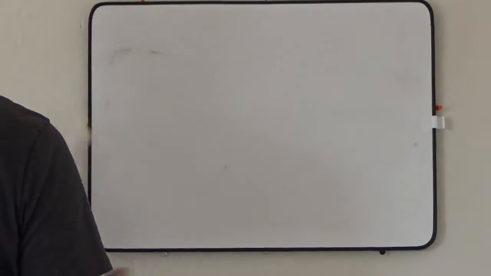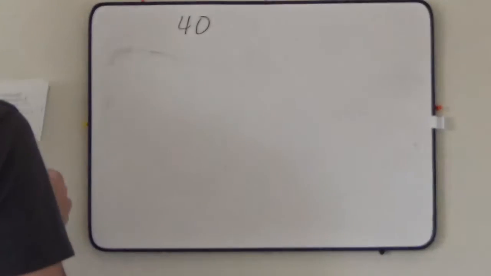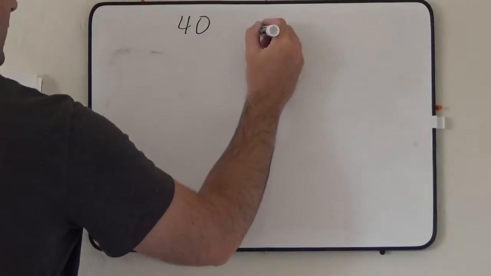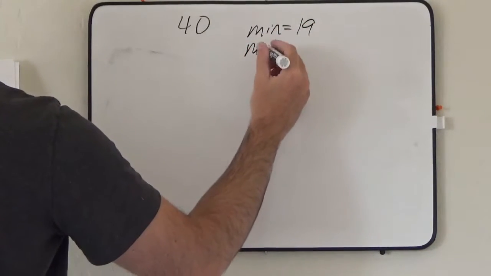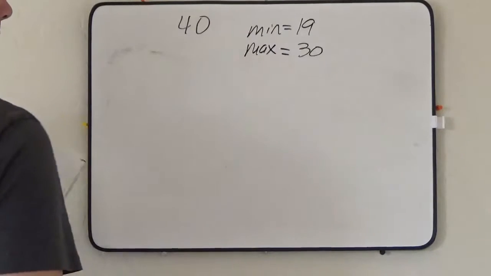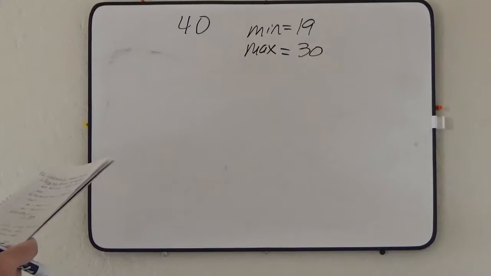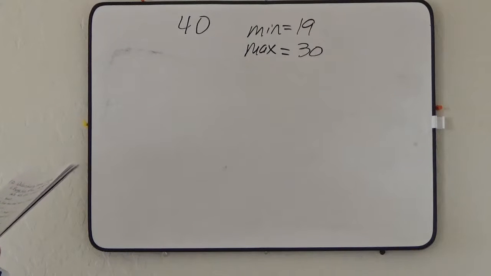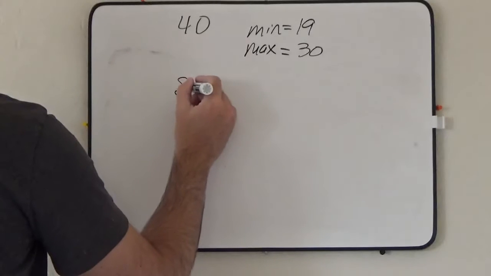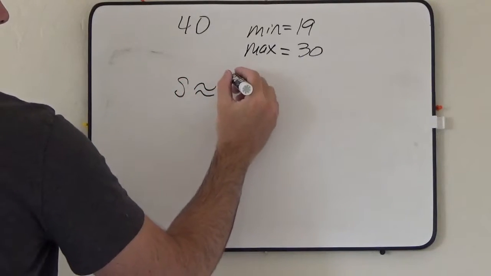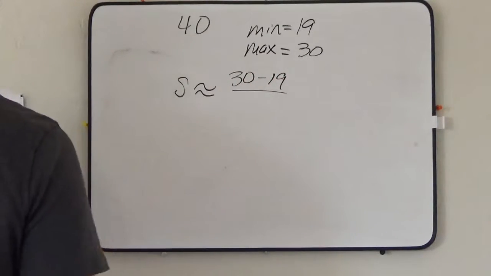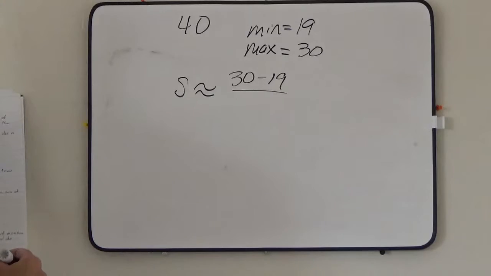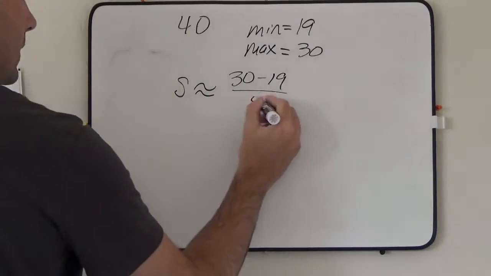If you have 40 chocolate chip cookies and you have a minimum of 19 and a maximum of 30, so you know your minimum, your maximum, and you know how many cookies you have, we can find an estimated standard deviation by doing S is approximately the range, 30 minus 19, divided by 4 as part of the formula.